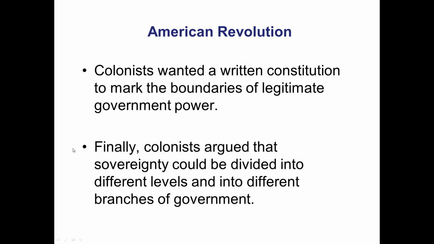Eventually, this intellectual, ideological climate leads the colonists, once we declare independence, to want something written down to, first of all, clearly outline the boundaries of what is legitimate for government to do and what isn't. But also, another really core principle of what they're going to put into this document is the belief that sovereignty, in other words, the power and right to rule over a particular geographic area, could be divided into multiple different parts.